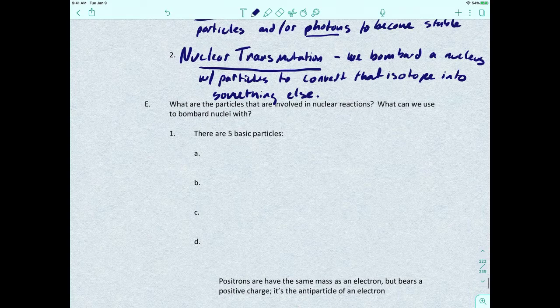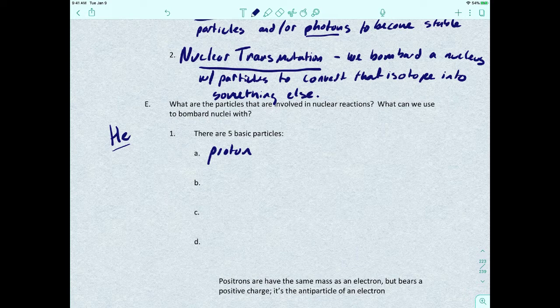So the first one is the proton. The way that we write a proton, we're going to write this using the nuclide symbol. By the way, if you remember the nuclide symbols, this was probably introduced at the very beginning of Gen Chem 1, you start with the atomic symbol.